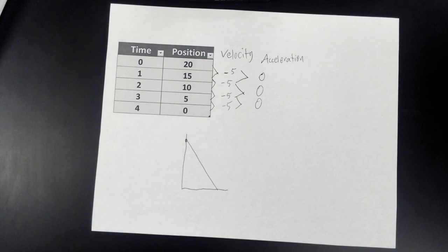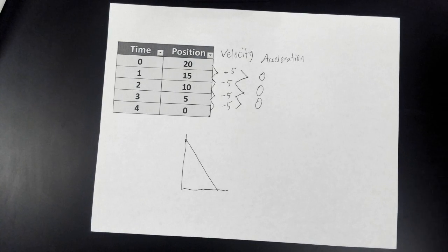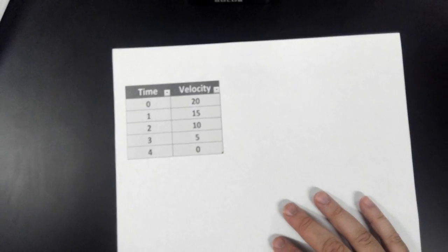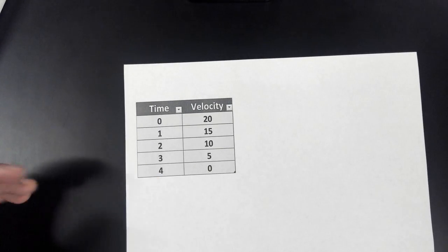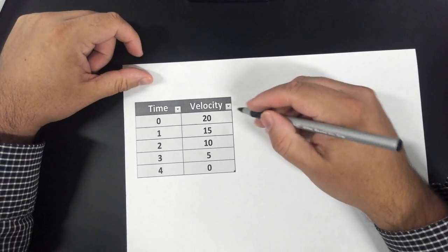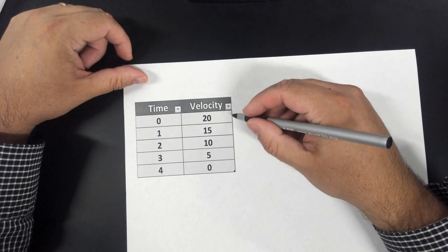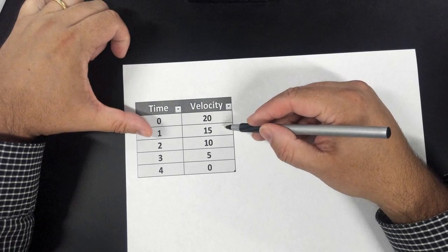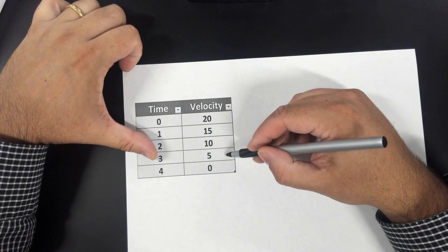So let's go over to the time and velocity data. Again, same numbers, but this time it's talking about velocity. So that is going to completely change what's going on here. The velocity starts at 20, and then it goes to 15, 10, 5.